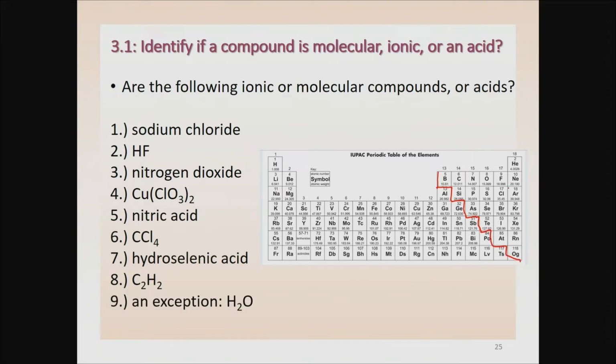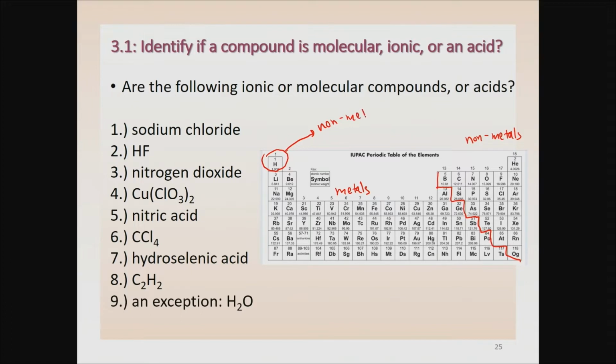And you'll know that to the right side of the staircase line, you have nonmetals. Now, on the left side of the staircase line, you have metals, except for hydrogen here. So let me circle this. This is very important. With the naming rules, you should just remember that hydrogen is always a nonmetal.